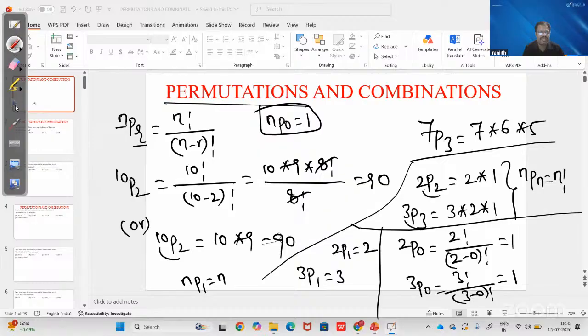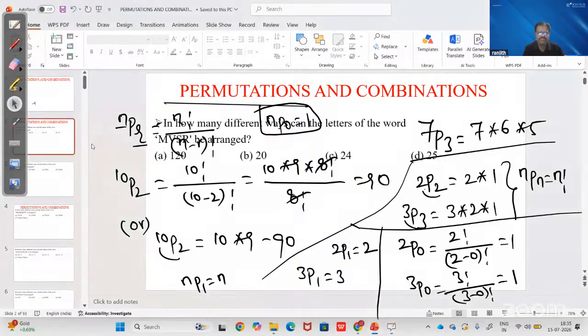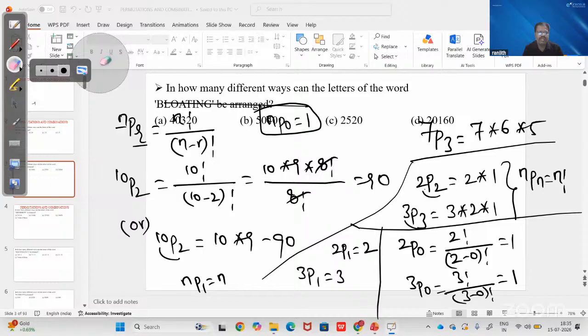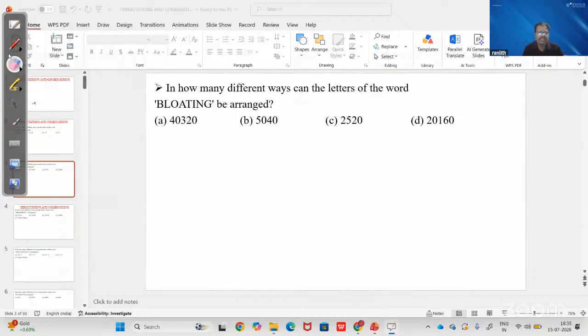We'll see some of the questions in permutation. In how many different ways can the letters of the word BLOATING be arranged? Is there any common letter in BLOATING? There are no common letters.